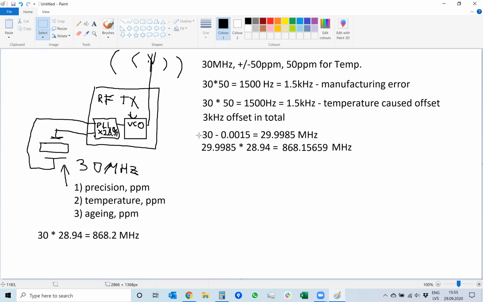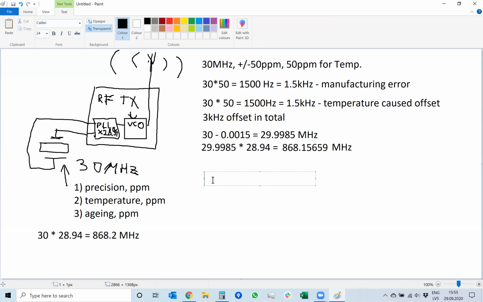And instead of 30 minus 0.0015, in the worst case scenario, the receiver's oscillator is actually oscillating faster than necessary. 30 plus 0.0015 is 30.0015 megahertz, right?